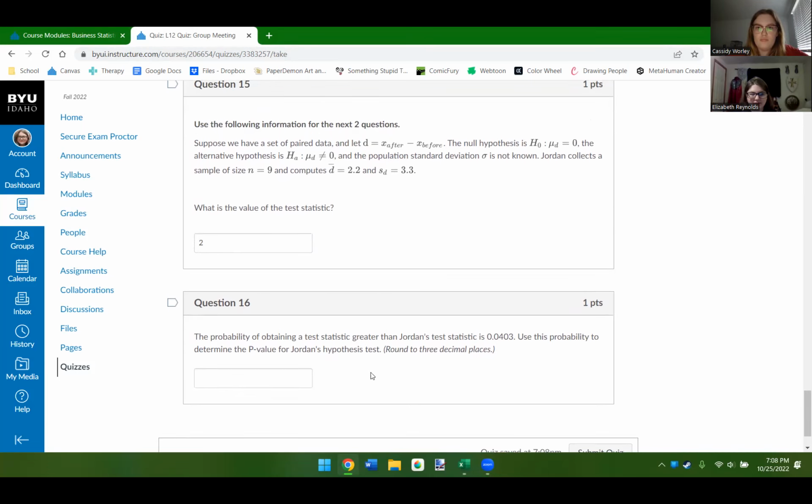The probability of obtaining a test statistic greater than Jordan's test statistic is 0.0403. Use probability to determine a p-value for Jordan's hypothesis test. So we'd put this into the Student's T probability applet, right?